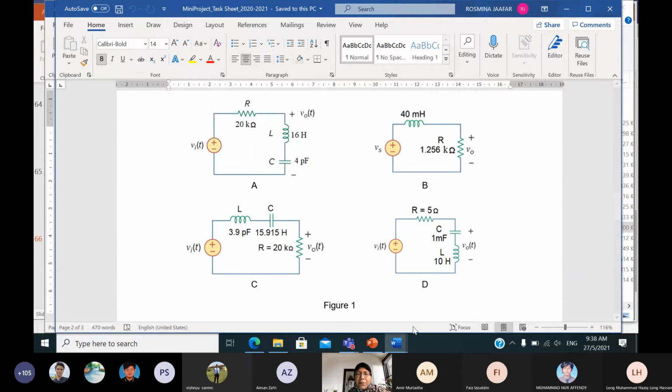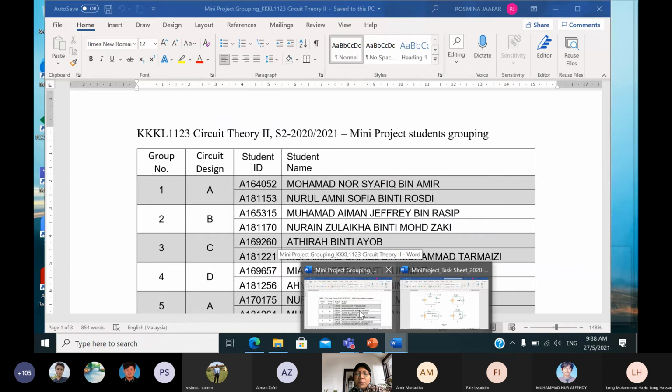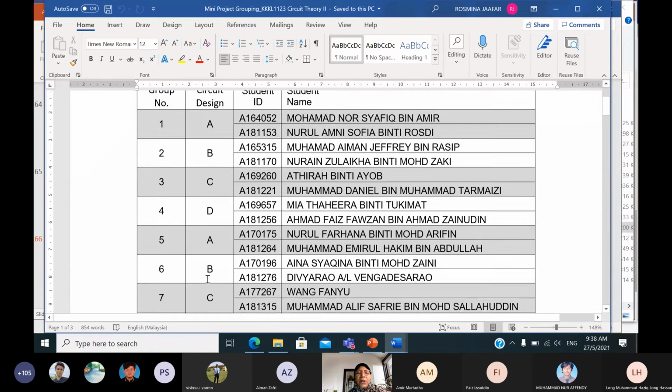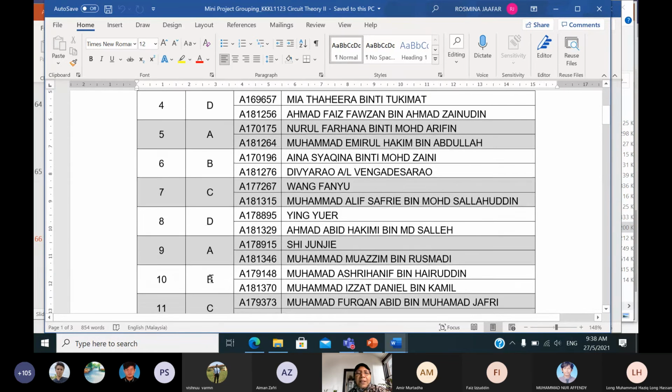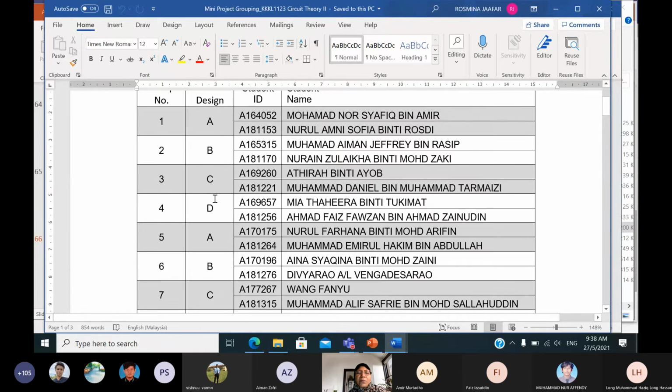So when you look at the project distribution, the student grouping, like group 1 is to simulate circuit A. Group 2 is to simulate circuit B, circuit C, and D, and so on. So I will have like 16 sets of circuit A, B, C, and D all together.